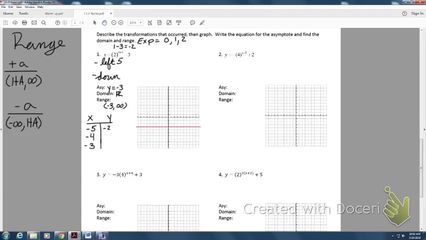Wait, Coach Howard, can you repeat what you just did? I'm so confused. Okay. So I put -5 in for x. You with me? This is going to equal 0, right? Okay.